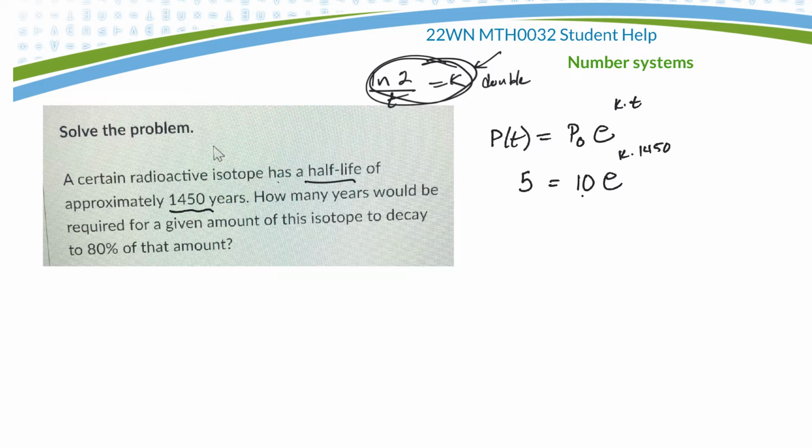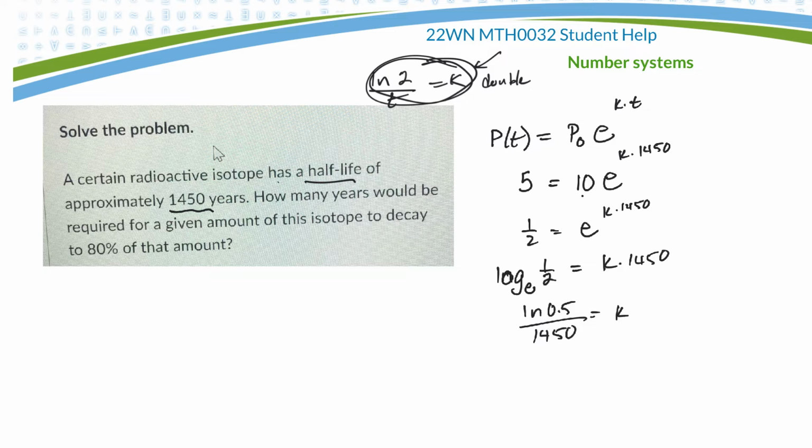So I'll get 5 divided by 10, which is a half, is equal to e to the k times 1450. And then change it to log form. So log base e of 1/2 is equal to k times 1450. So k is equal to the ln of a half divided by 1450.